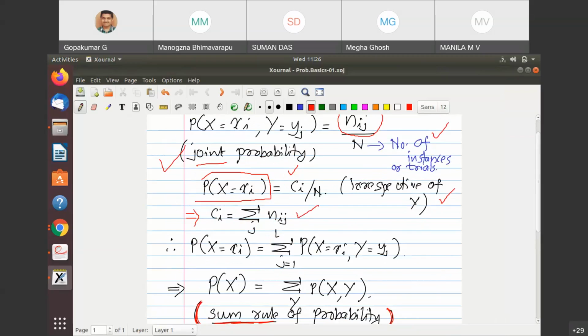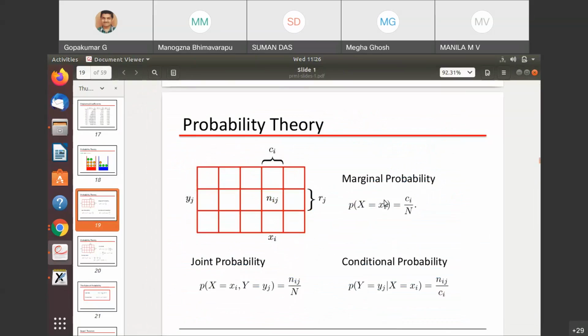So that is this representation. And that probability is called the marginal probability. This particular probability is the marginal probability, and this is a joint probability, which we have just seen.